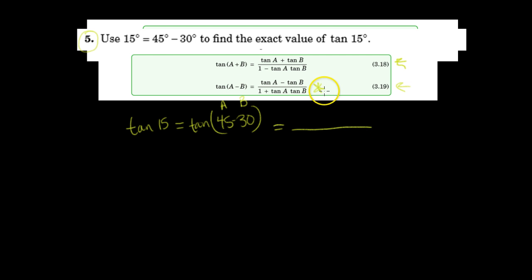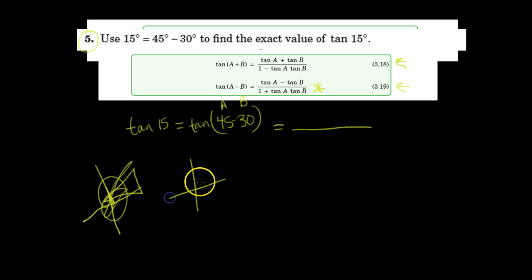Now to find tangent of 45 and 30, you can look at those triangles again and remember what tangent of 45 would be. Let's start over again. We've got a 45, 45.